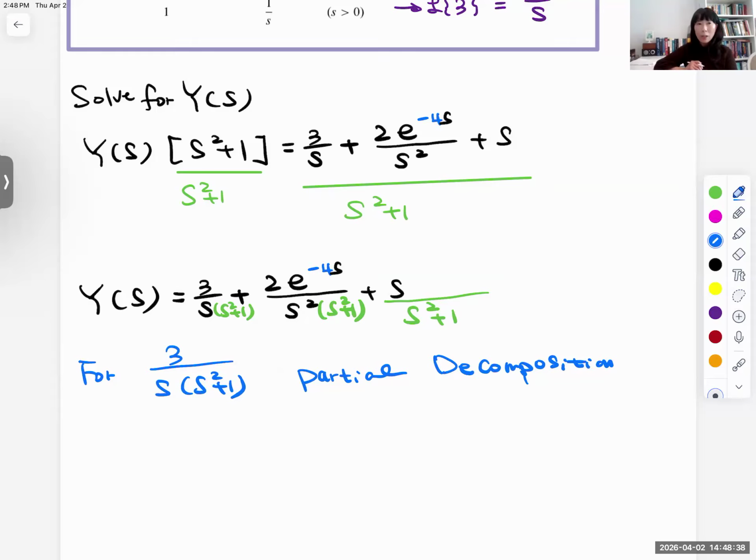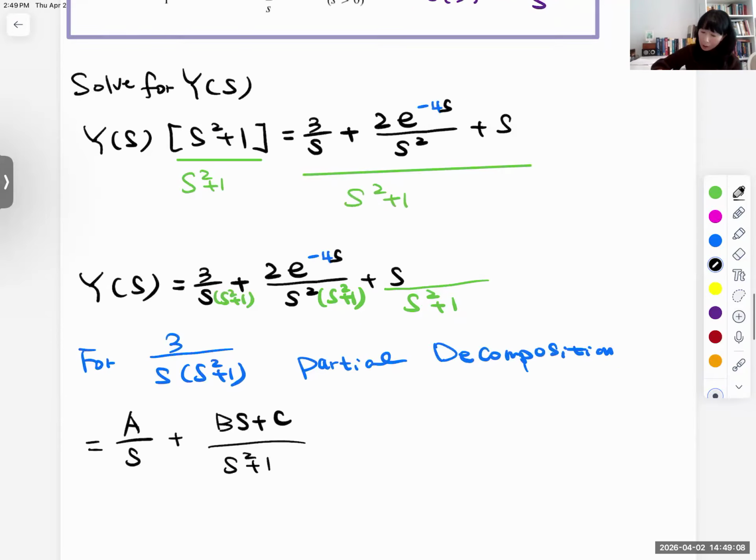So we have a over s plus b, look, s squared plus 1. We have to have one less degree, so we will have bs plus c. Yeah, that's the form.